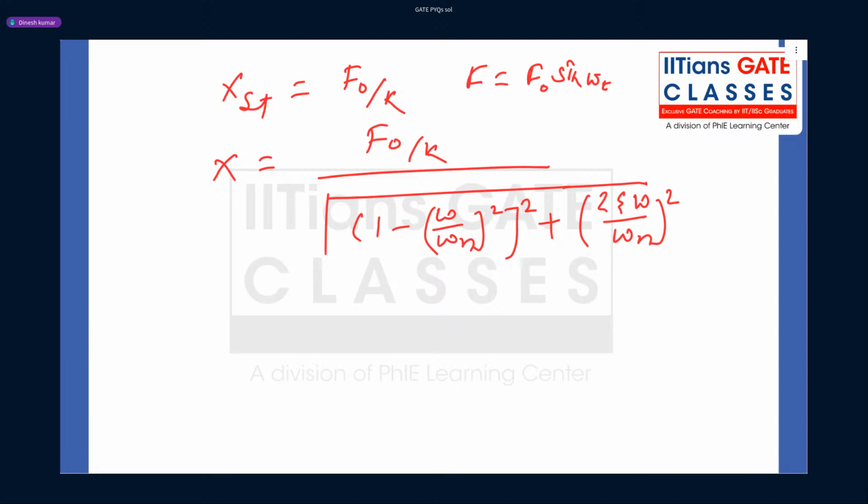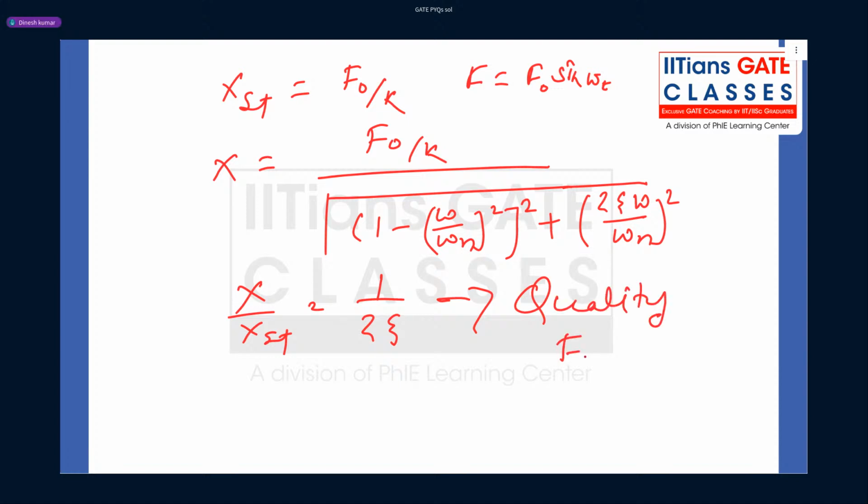From this equation we got that at resonance, X by X static is nothing but 1 upon 2 zeta. This is also known as the quality factor. Clear? Everybody, is it clear? Yes or no?